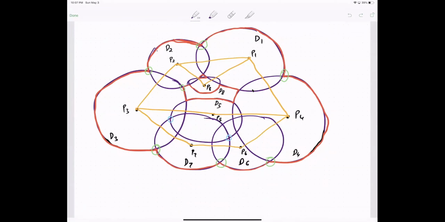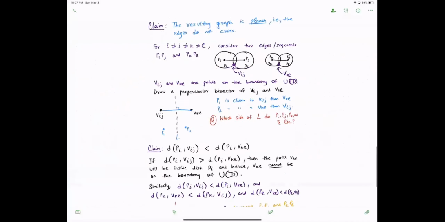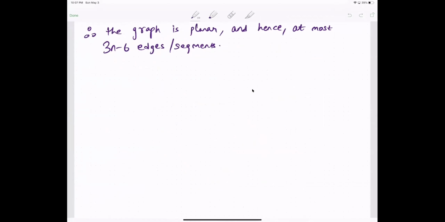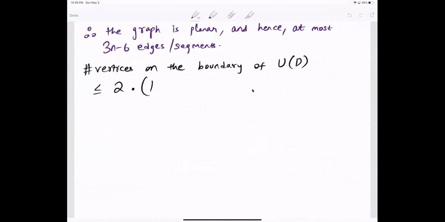Think about it, not a simple statement to verify. So let me write that down. The number of vertices on the boundary of UD is at most 2 times the number of edges in G, which is at most 6n minus 12.